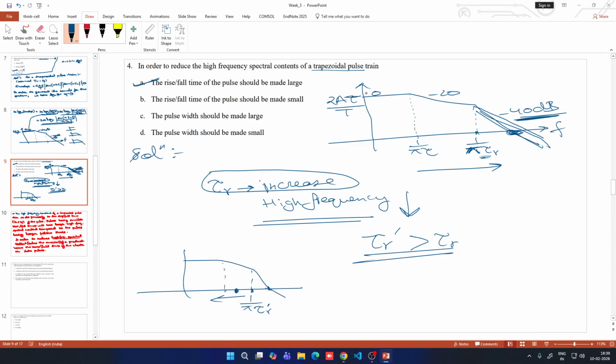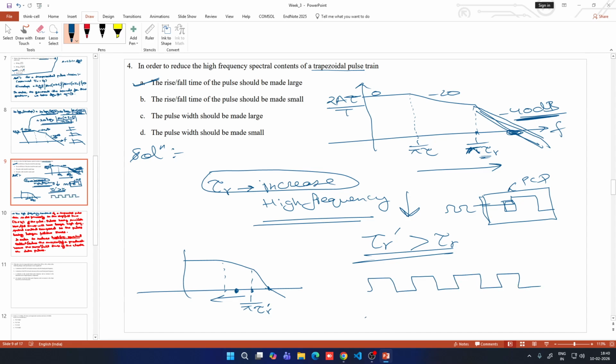So that was the main reason why we were studying this spectral content and why we were drawing these kinds of spectral bounds or envelopes for a trapezoidal signal. All the data signals or clock pulses, let's say if you have a PCB with some traces going through it, will not be a perfect square or rectangular pulse train. They will be something like this, like a trapezoidal pulse train.